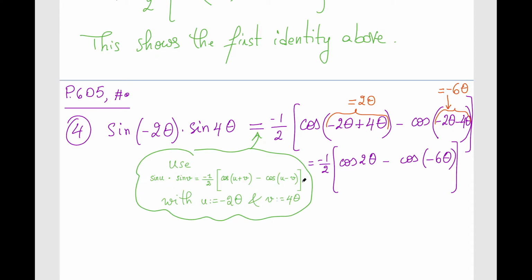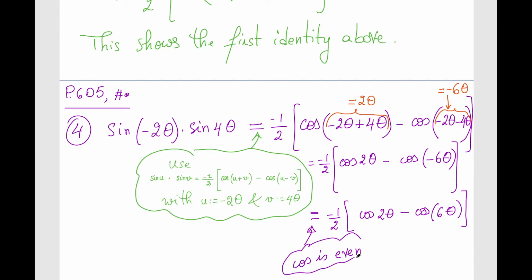So the last thing I'm gonna do is rewrite this as -12 times cosine of 2 theta minus cosine of 6 theta, because cosine is an even function.